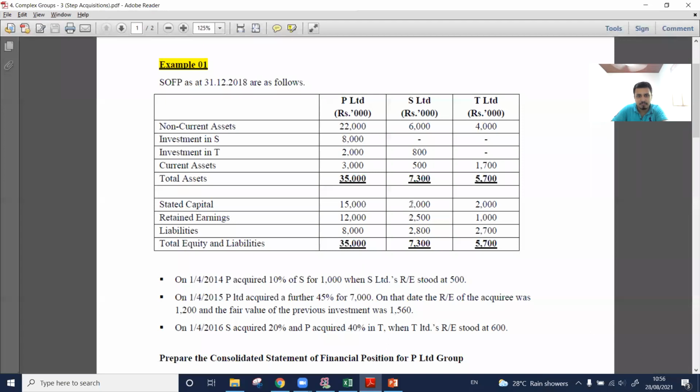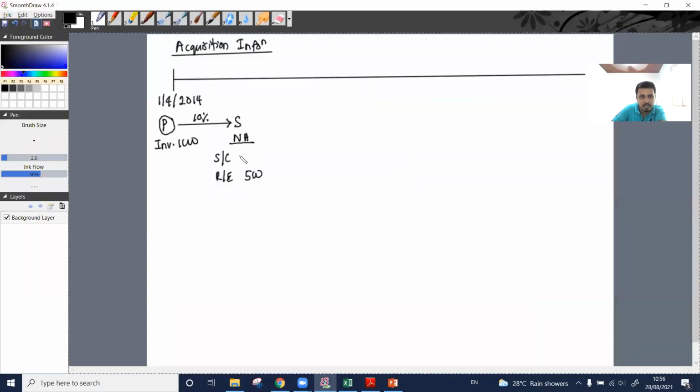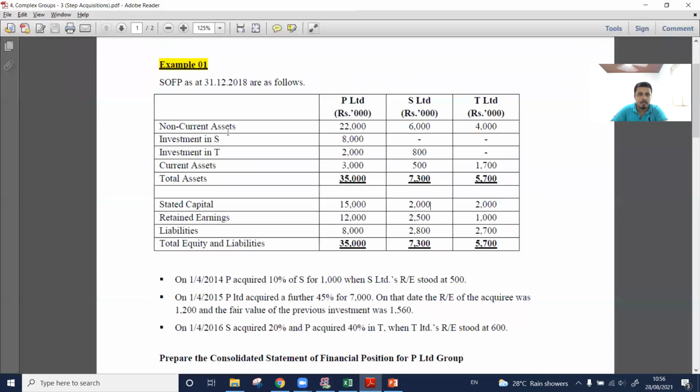Stated capital of S Limited, we assume that this amount has not been changed over the years. So we can assume that 2,000 worth of stated capital was there as at this date as well. So altogether, there were net assets worth of 2,500. So this is what they provide under bullet point number 1.